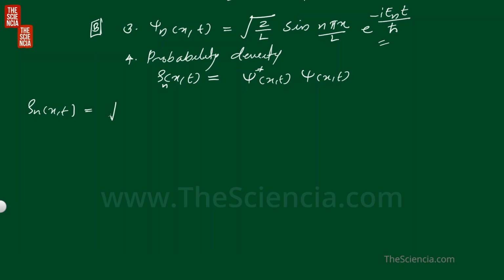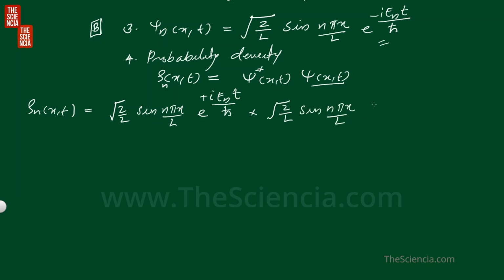So we get root 2 by L sine n π x by L into the conjugate of this term, which is e raised to plus i E n t by ħ, into psi of x, t, that is root 2 by L sine n π x by L into e raised to minus i E n t by ħ.